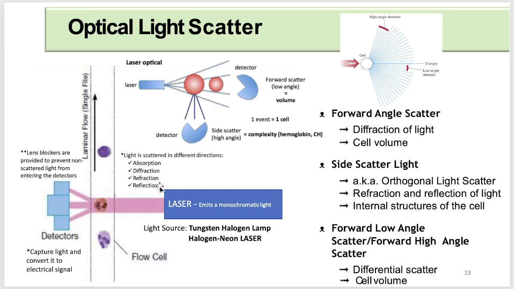And reflection, backward scatter of rays caused by an obstruction. Again, light scatter results from the interaction of different processes. Diffraction, meaning bending around the corners of the cell. Refraction, bending because of the change in speed. Reflection, backward scatter of rays because of an obstruction.